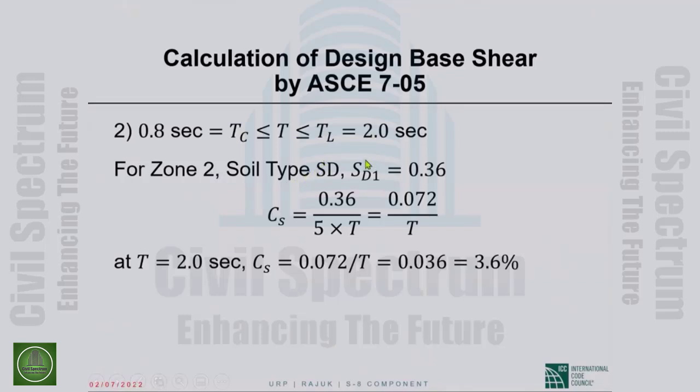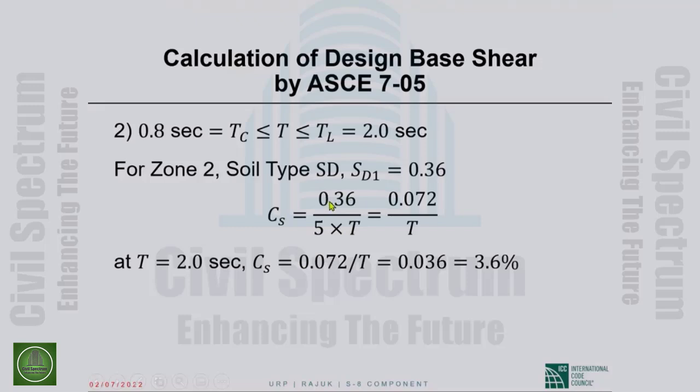Soil type SD, BNBC gives us S sub D1 of 0.36. So C sub S would be, remember the AC7 equation for the descending branch: C sub S is S sub D1 divided by RT.